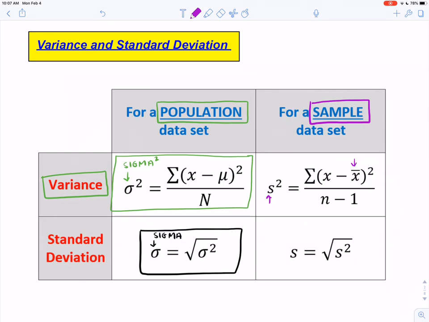But as far as the calculation, all right, what I want you to keep in your mind is that everything will be done exactly the same for population and sample until you get to this number right here. So you'll take your values, subtract the mean, square, add everything up.